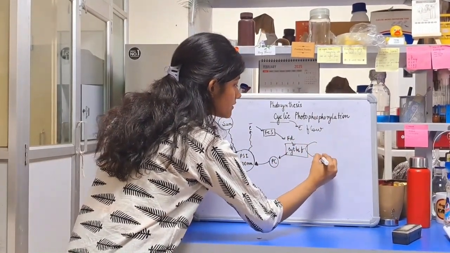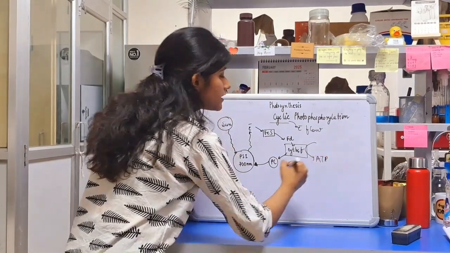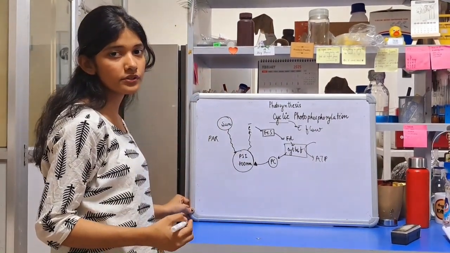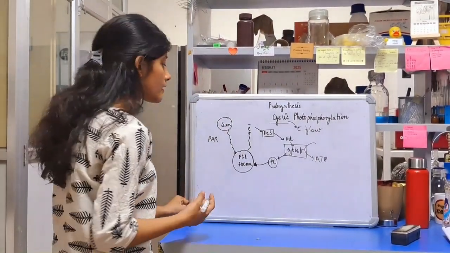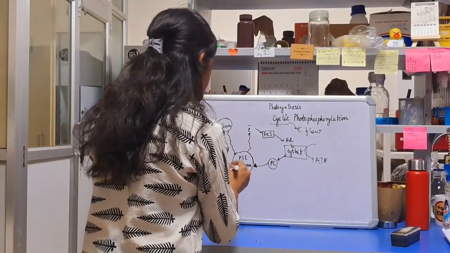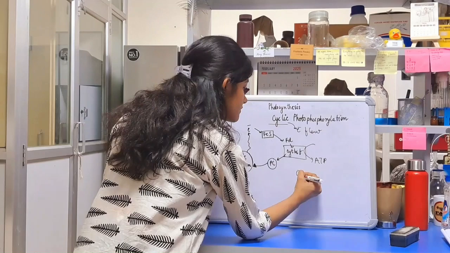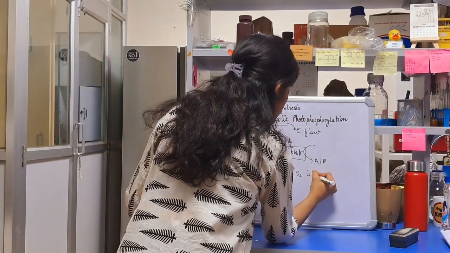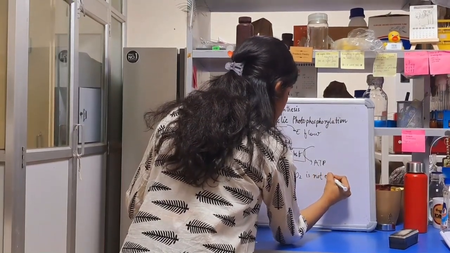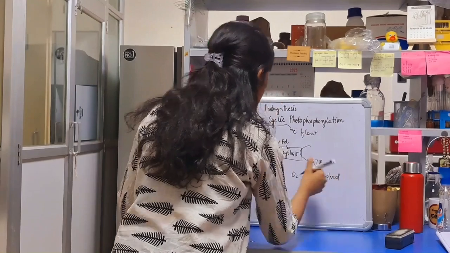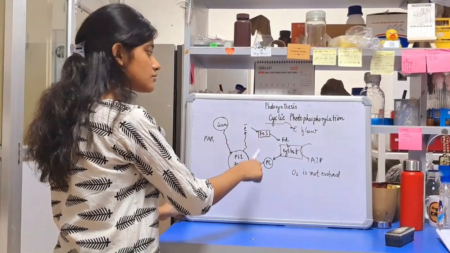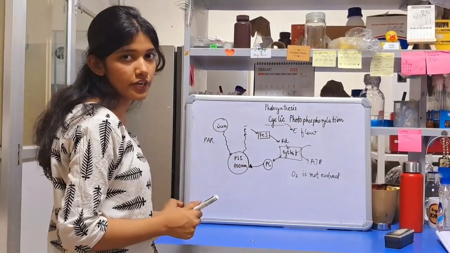The only difference is that no NADPH2 is formed, so there is no FNR. And in case of PS1, there is no oxygen evolving complex, so O2 is not evolved. That is why, as the electron flow is cyclic here, it is called cyclic photophosphorylation.